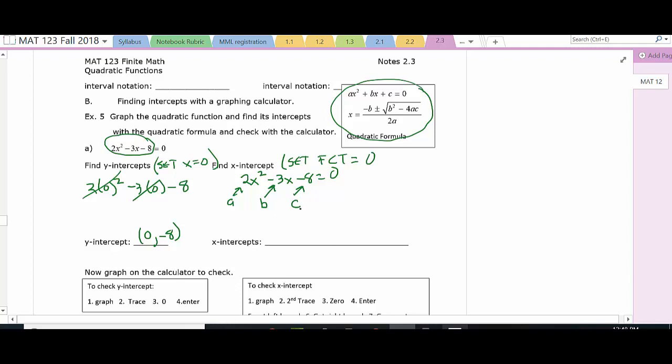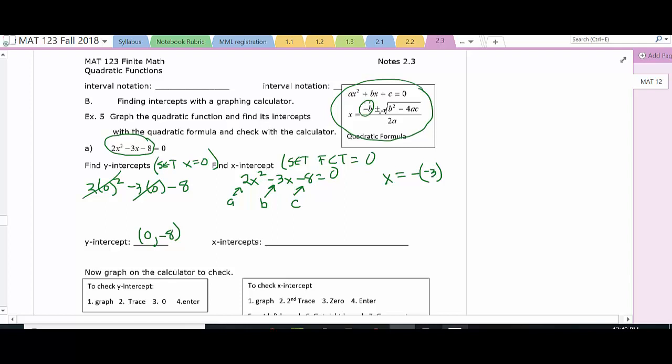We're going to plug into the formula, and we're going to use a calculator probably to get decimals on this more than likely. So take your formula and do exactly what that formula tells you to do. You're going to have negative b, so x is the negative of whatever b is, negative of negative 3.